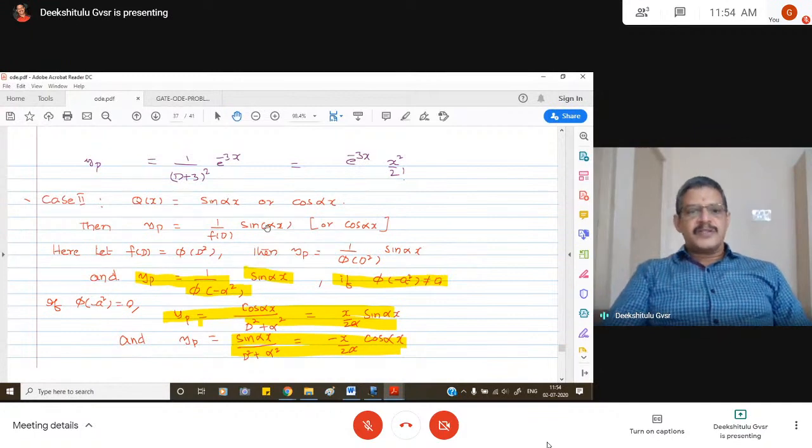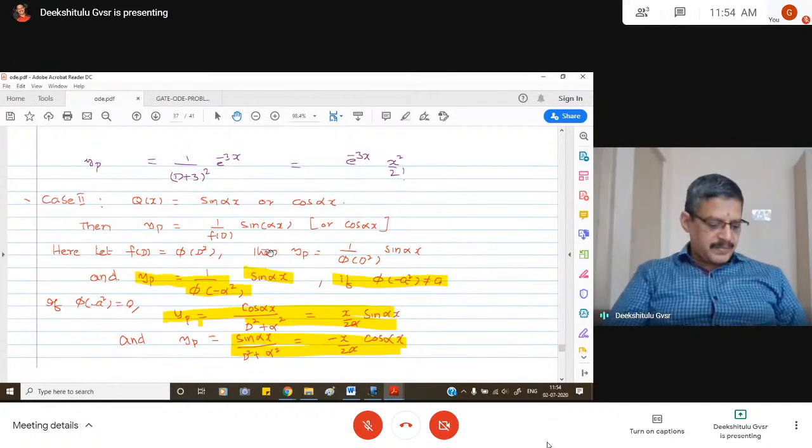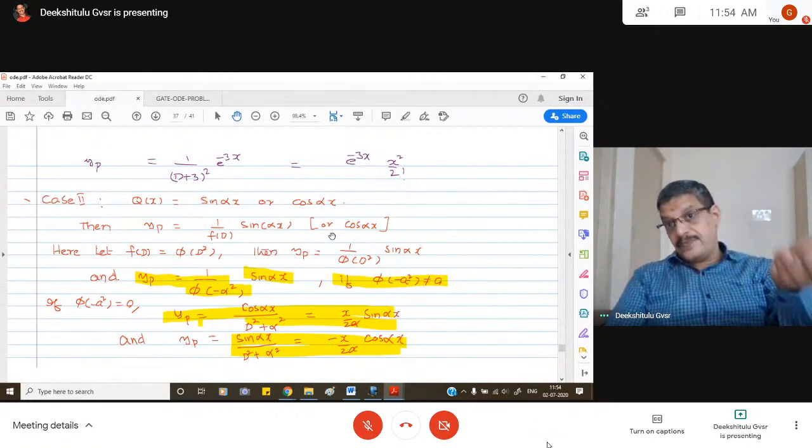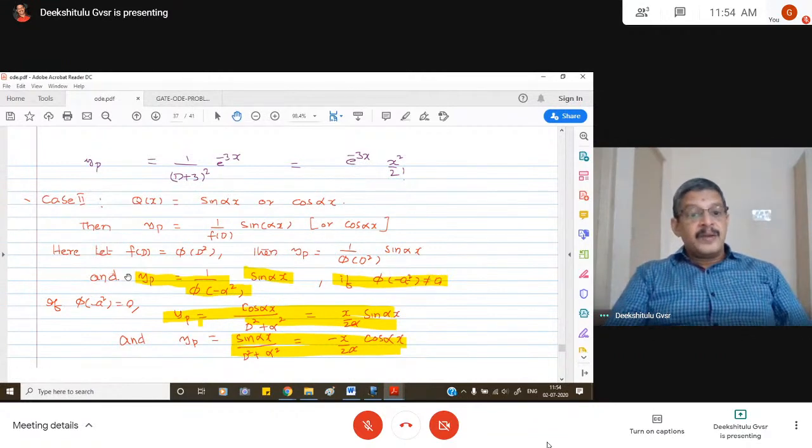For both the functions the method is the same. That means yp is 1 by f of d sin alpha x or cos alpha x. If you assume this f of d as a function of d square, let us say phi of d square.